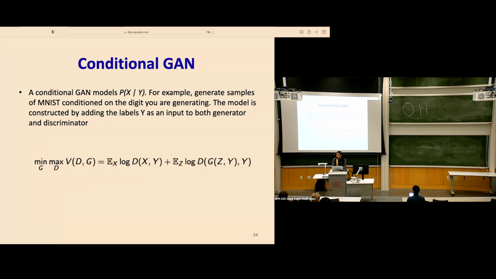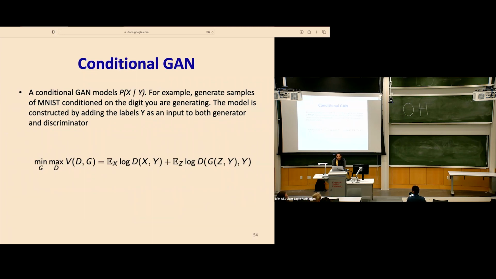So conditional GANs basically model P(x|y). What does this mean? Can someone tell me? Here X is the... Yes, go ahead.